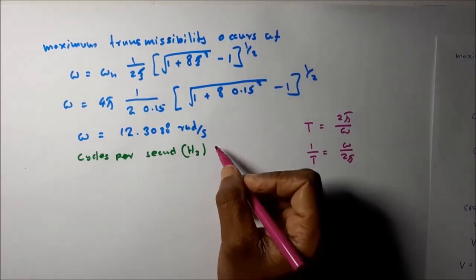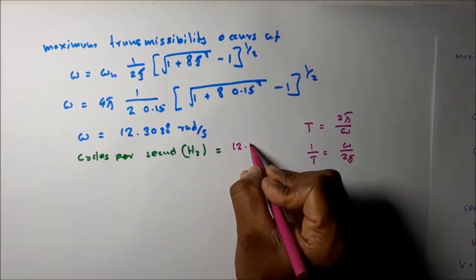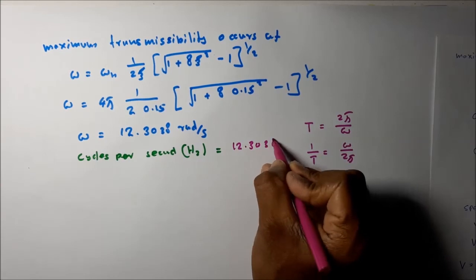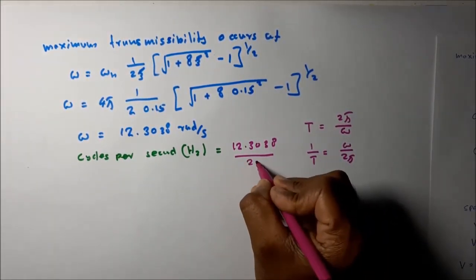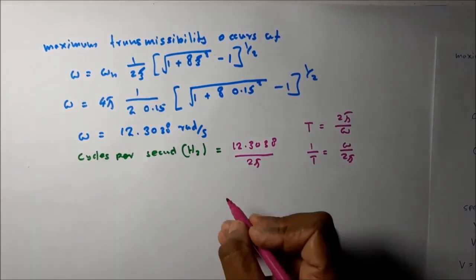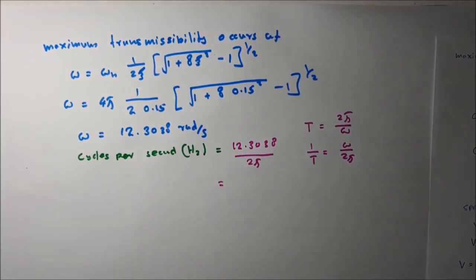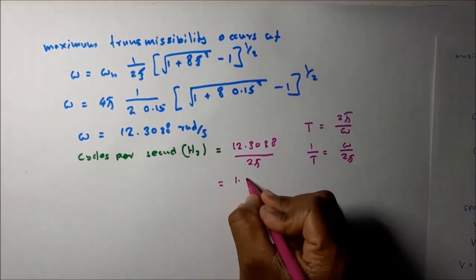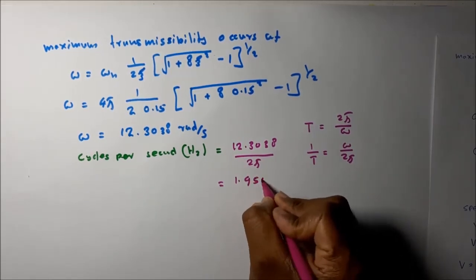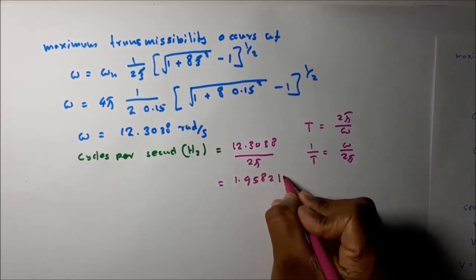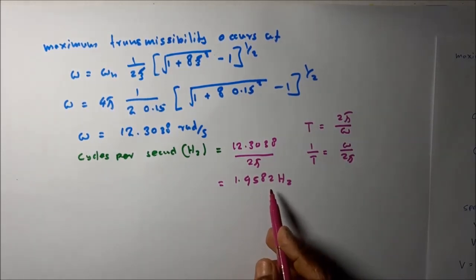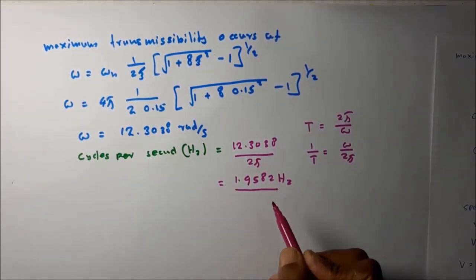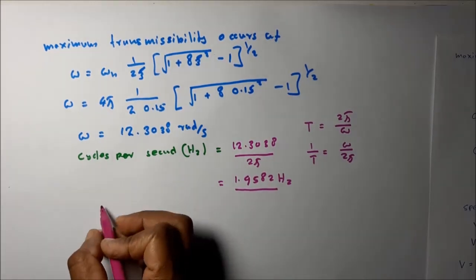In this situation, 12.3038 divided by 2π, so cycles per second in hertz is equal to 1.958 hertz.